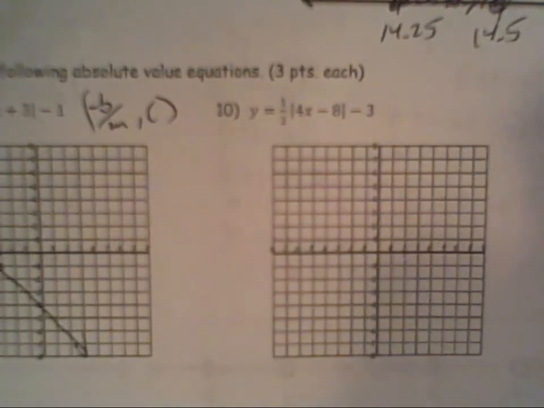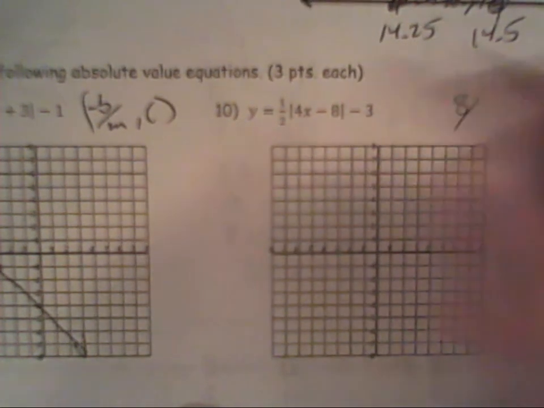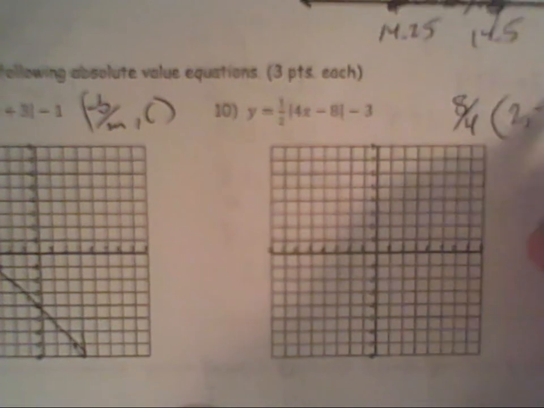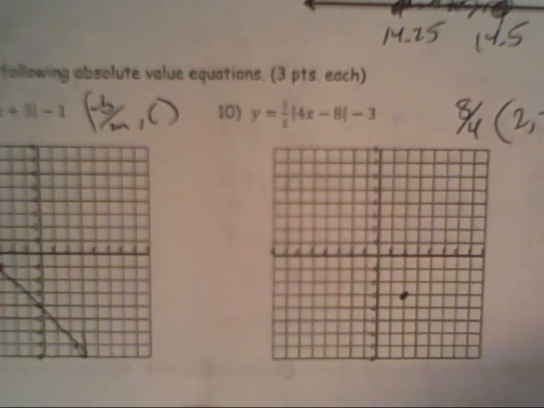Number 10, very similar to number 9, except a little bit more complicated. We have negative b, which is going to be positive 8 over m, which is 4. Well, that's 2, and then negative 3. So that means our vertex is going to be at (2, -3).